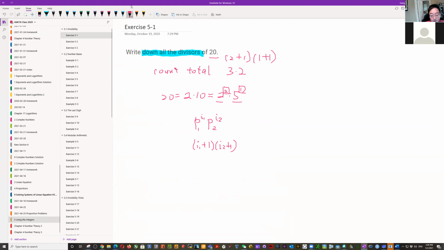So we have 6 ways. If we completely list it, starting from the smallest one, it's going to be 1 multiplied by 20, 2 multiplied by 10, then 4 multiplied by 5. So this way I can complete the list. Also, it matches the theoretical number.